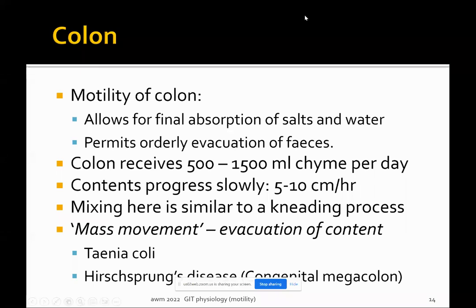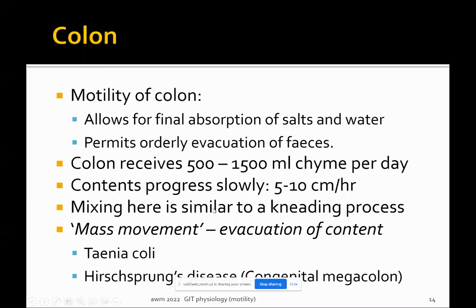Now, we talked about the Taenia coli and their arrangement and how they're able to compress, because even though they're propelling the contents from one part of the colon to the next, they are still kneading the contents, mixing it up in order that you get the luminal contents coming into contact with the colonocytes so that they can absorb water, so that the colon microbes can finalize the digestion, produce the vitamins and the short chain fatty acids so that they can be absorbed and used again.